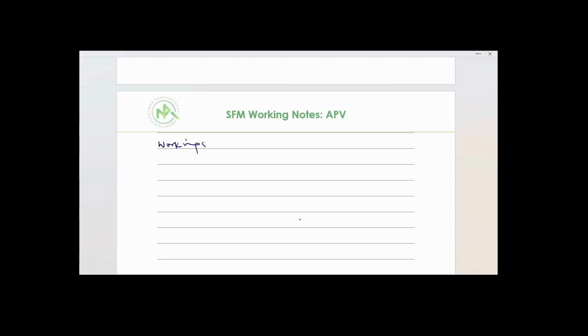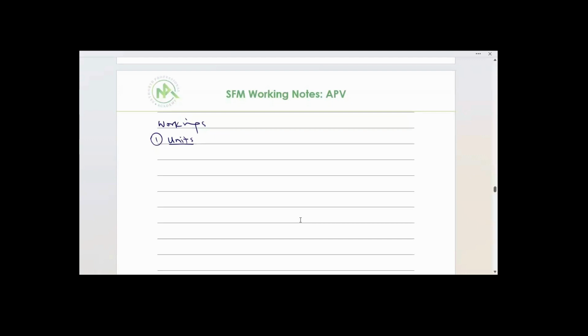Working number 1, units. We want to determine the units. So we have year 1, year 2, year 3, year 4. The units given to us in the first year is 1,300. We're now told that this number of units will grow by 40% for the next 2 years before falling to a 5% growth rate.